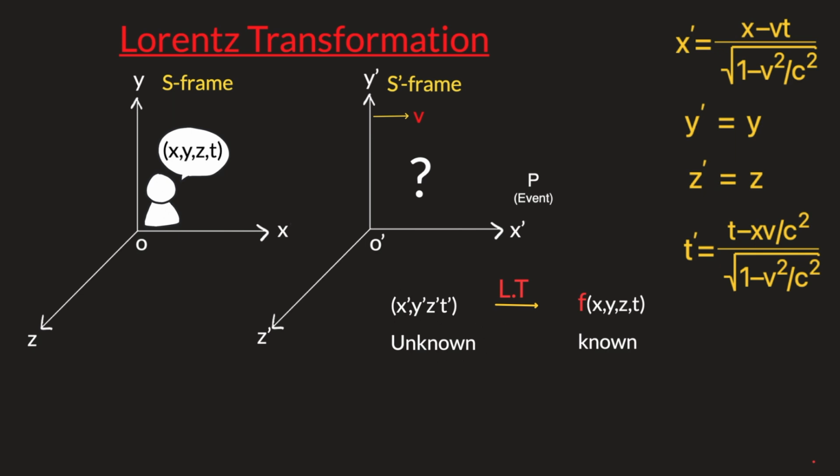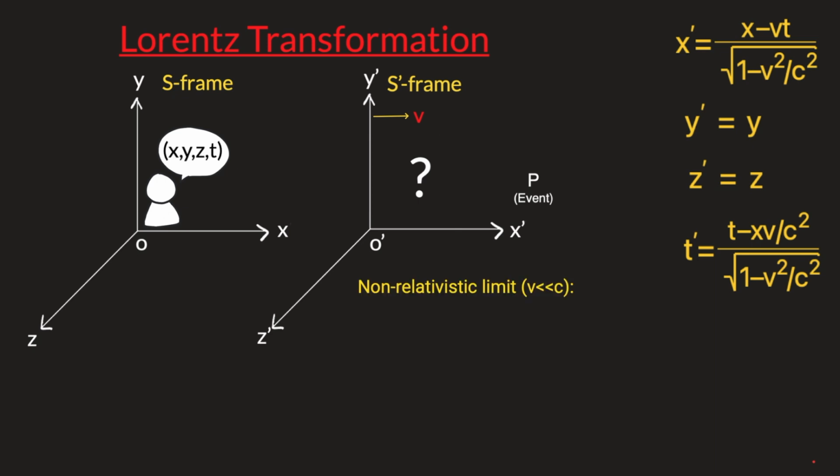where c is the speed of light and v is the relative speed of one reference frame with respect to the other, and v should be comparable to the speed of light for Lorentz transformation to take effect. Otherwise, if v is much less than the speed of light, then Lorentz transformation will reduce to the Galilean transformation.